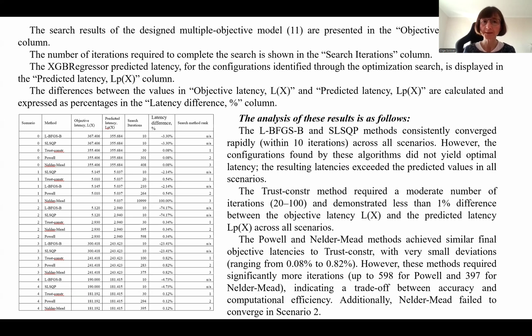The number of iterations required to complete the search is listed in the column search iteration. And the predicted value of latency by the machine learning model is listed in the column predicted latency. The difference between the calculated latency and the predicted latency is specified in the column latency difference.